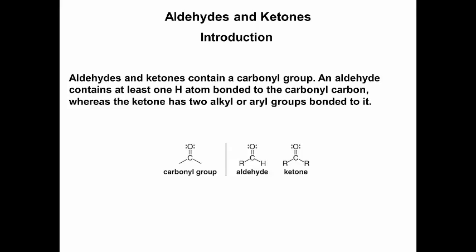The carbonyl group consists of carbon with doubly bonded oxygen, and if it is an aldehyde, it contains an R group along with H bonded to carbon and doubly bonded oxygen. If it is a ketone, the carbonyl carbon has two R groups and doubly bonded oxygen.